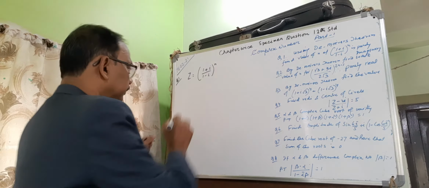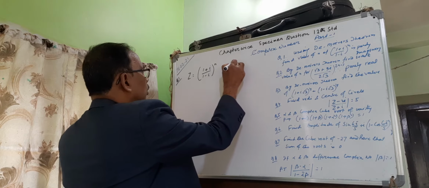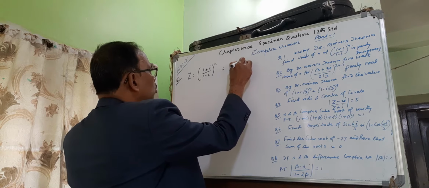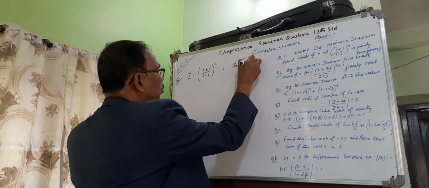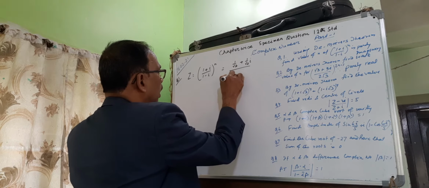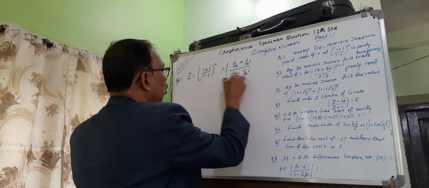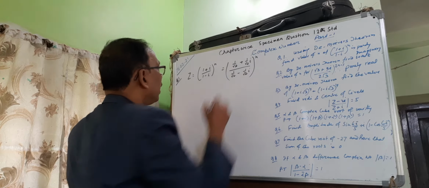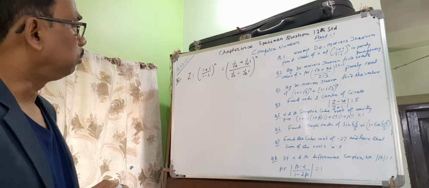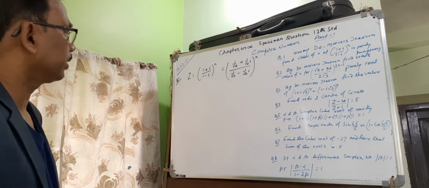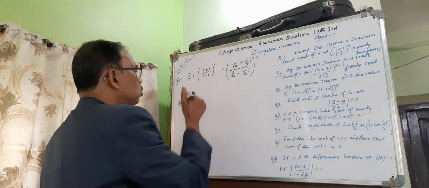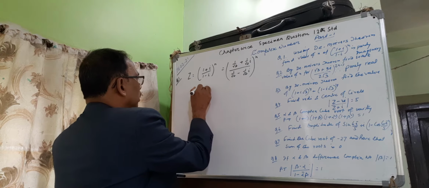Now, this we can write as (1 by root 2 plus 1 by root 2 i) over (1 by root 2 minus 1 by root 2 i) whole to the power n, multiplying 1 by root 2 in both numerator and denominator. 1 by root 2 means cos pi by 4.